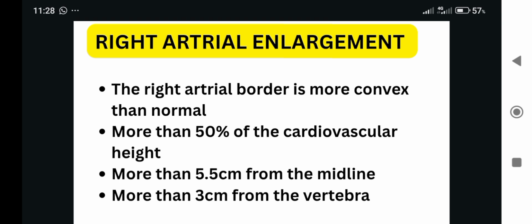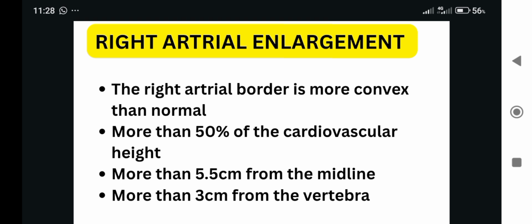The right arterial border is more convex than normal. We'll look at how normal convexity of the right arterial border in a normal chest X-ray looks like, so that you'll be able to know when it is abnormal. Then this right arterial border, in a right arterial enlargement, is more than 50% of the cardiovascular height.